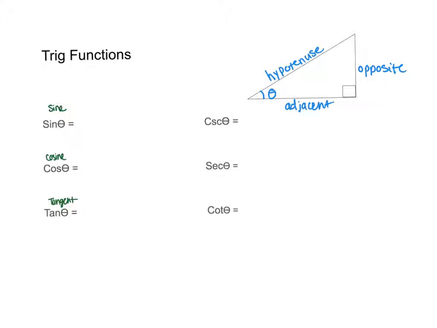You might have also learned how to write ratios for your sine, cosine, and tangent. And you might have learned this acronym called SOHCAHTOA, right? This helps us figure out which one goes on top and bottom for each trig function. So for sine, if we use SOHCAHTOA, sine is opposite over hypotenuse. So opposite first, and then over hypotenuse.